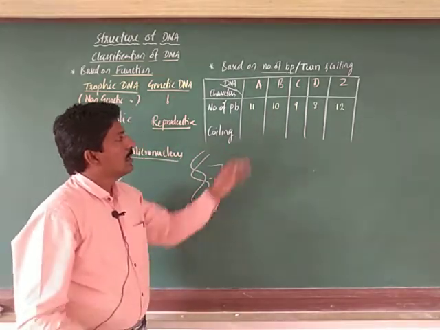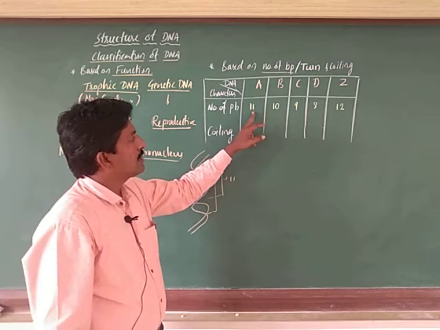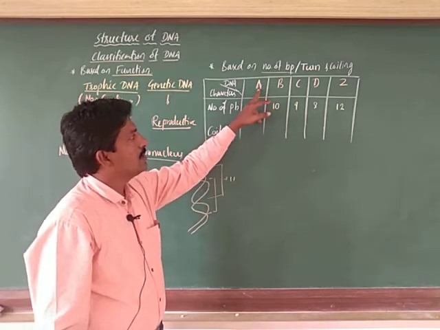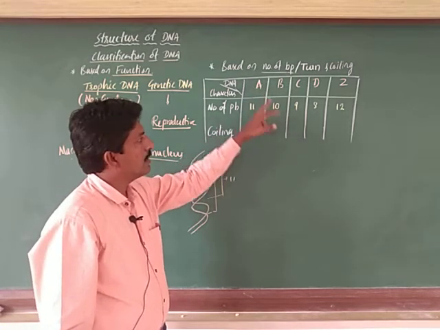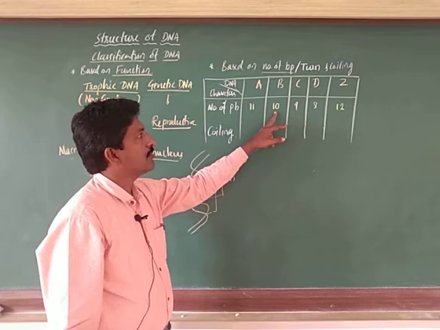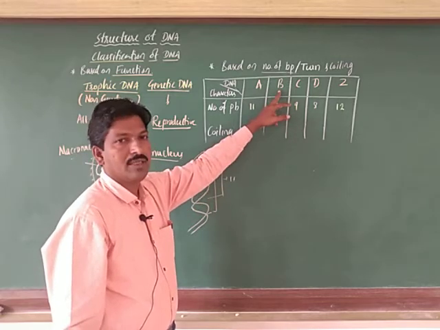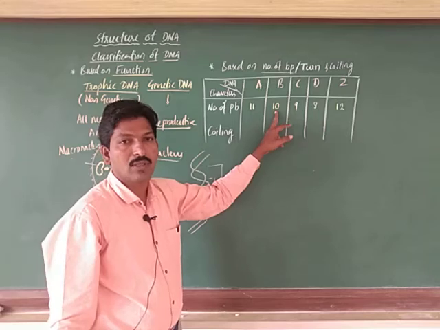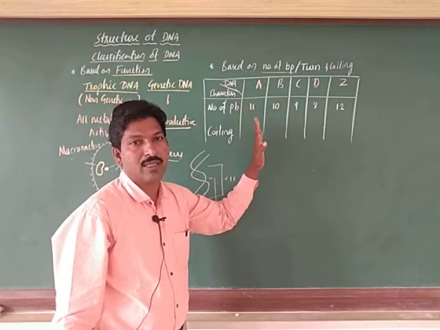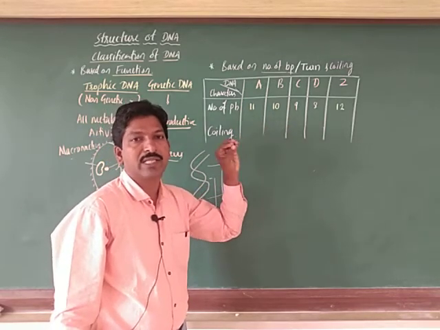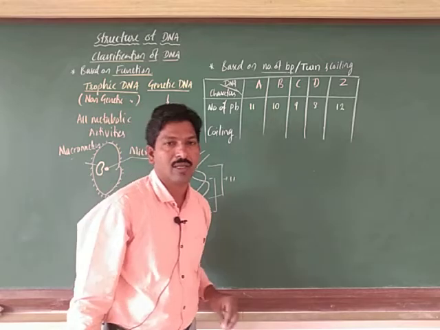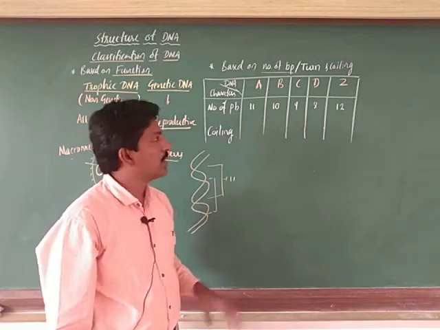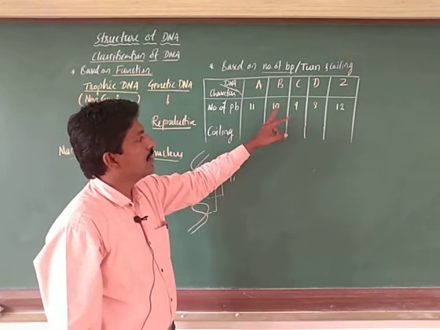Here, 11 base pairs are present in one turn of the A form of DNA and 10 base pairs in the B form of DNA. We have already discussed the Watson-Crick model, which is the B form of DNA, the more common form, naturally occurring in all kinds of organisms, double stranded.